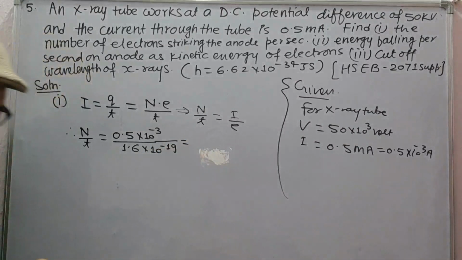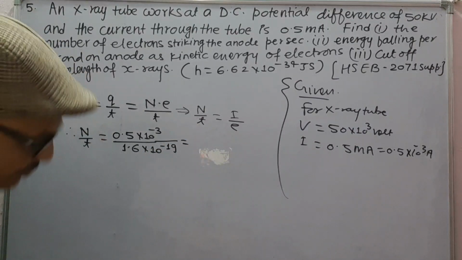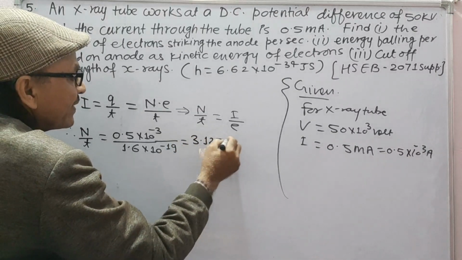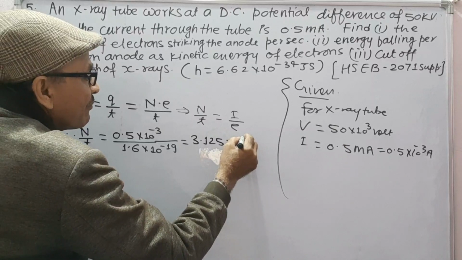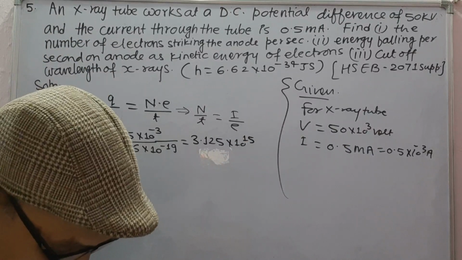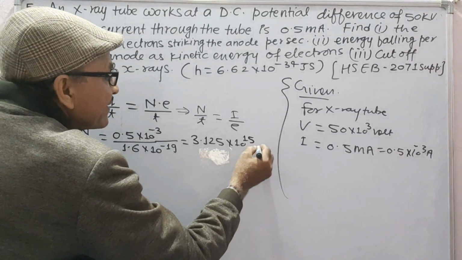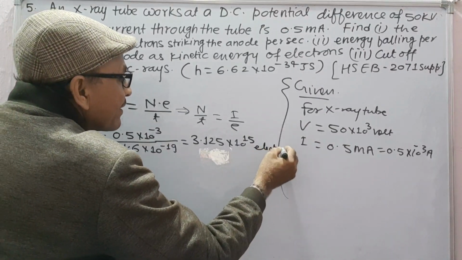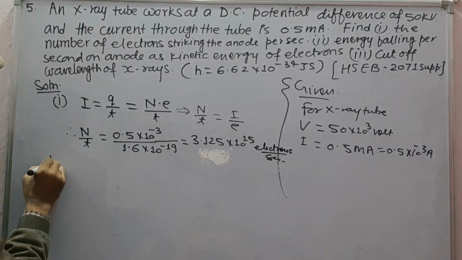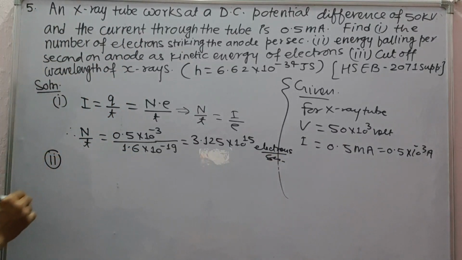On simplification we get 3.125 into 10 to power 15 electrons per second. This is the first part.